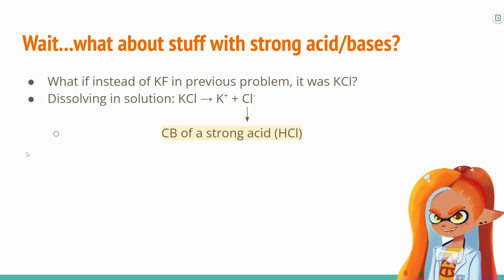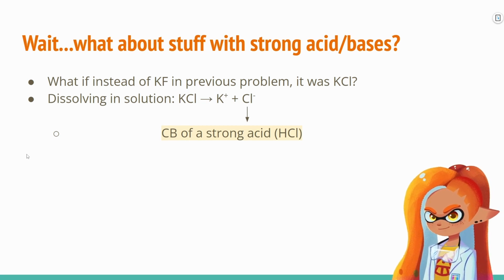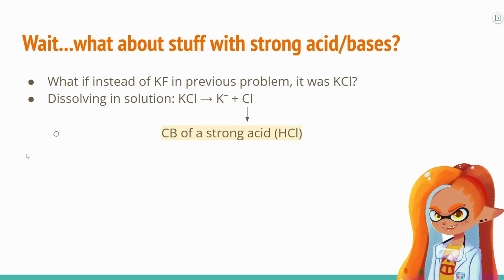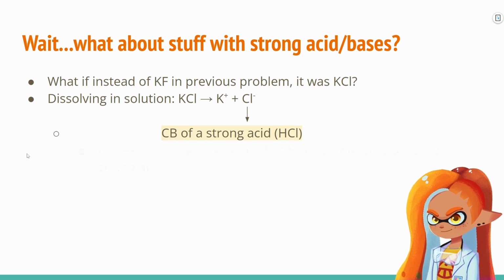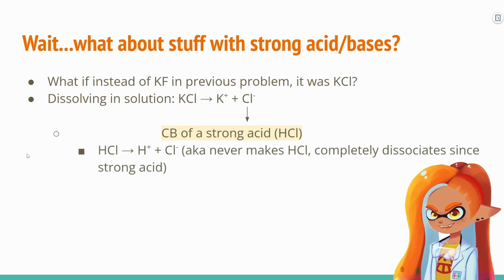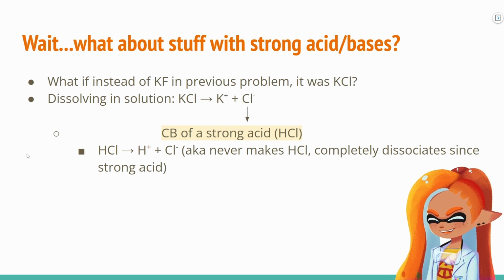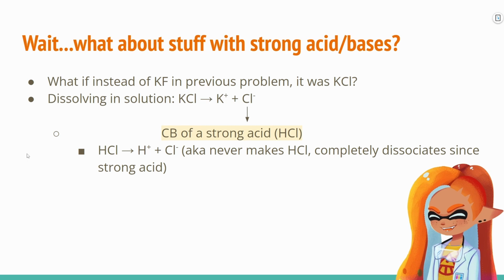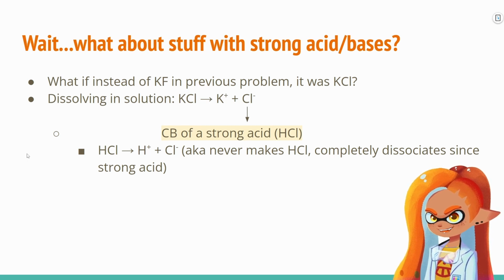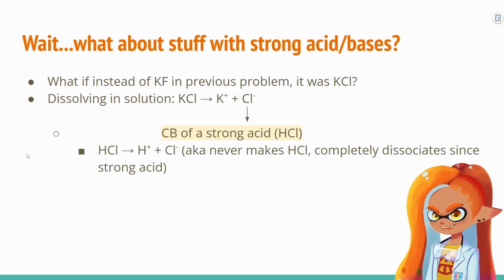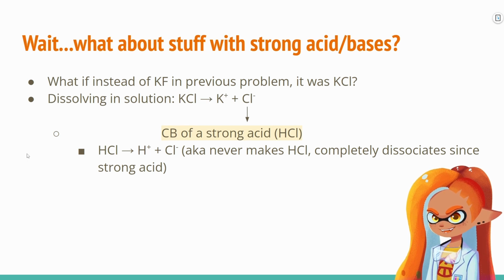And so, as a reminder, strong acids completely dissociate. So, because it completely dissociates, as I have shown here, you're never going to make HCl. So Cl minus is not going to make HCl. Again, HCl is a complete dissociation because it's a strong acid.